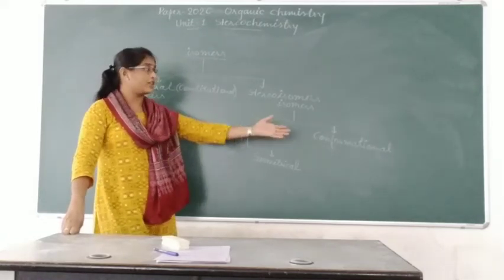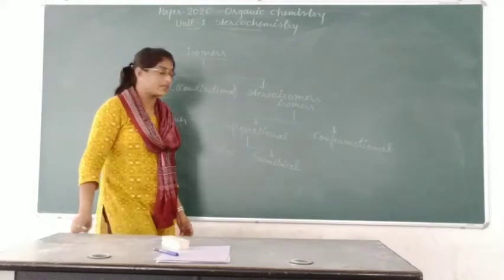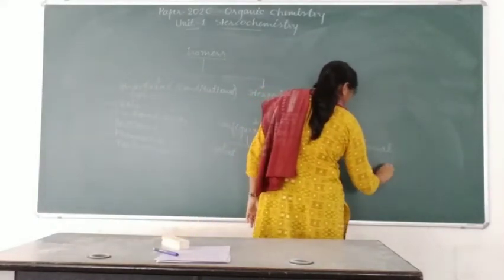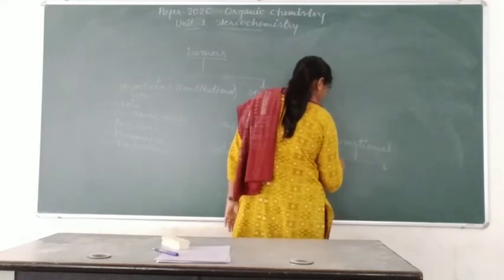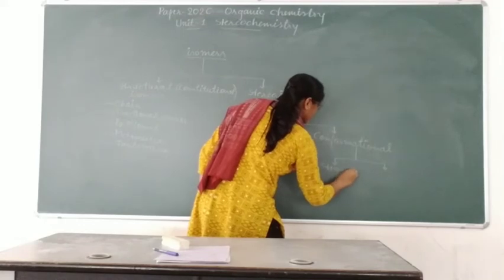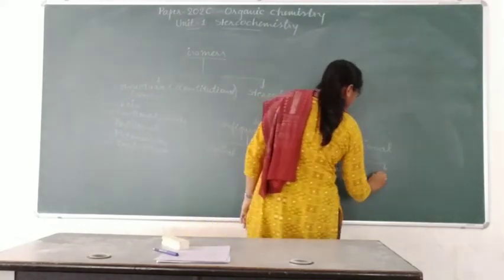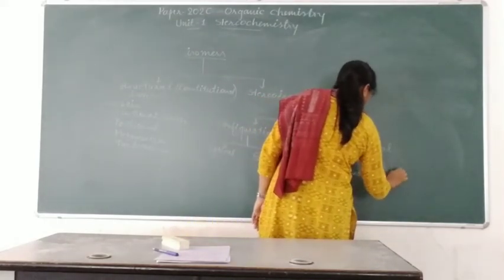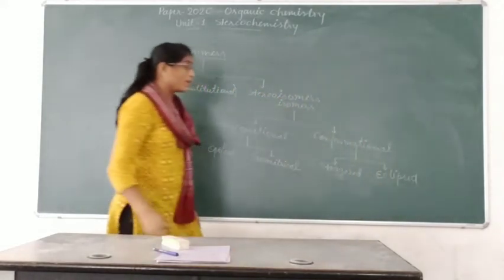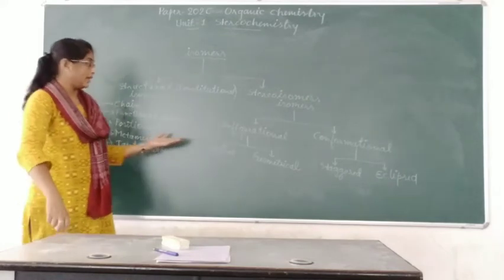And conformational isomerism, or conformational isomers, is somewhat different. It is mainly of two types: staggered and eclipsed. So we will discuss this in detail.